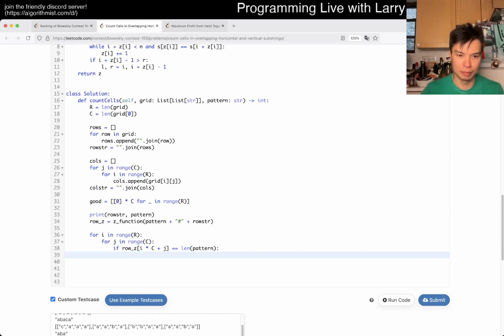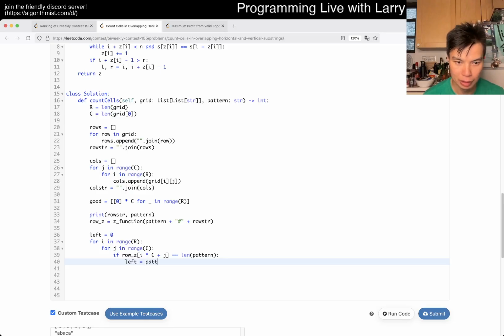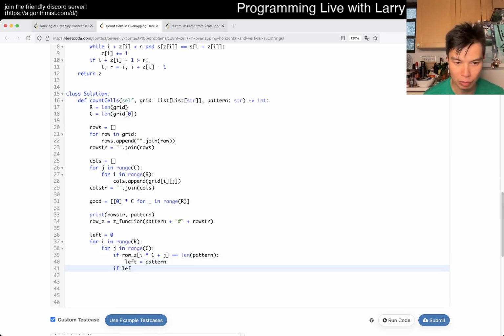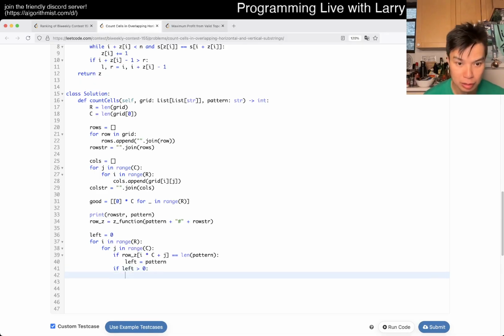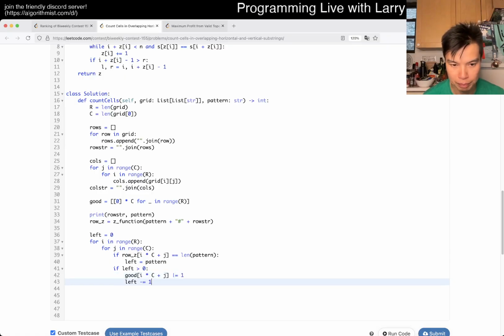Yeah, okay. Now, otherwise, good. Okay. Left is equal to 0. If this is true, then left is equal to pattern. And then if left is greater than 0, then we decrement, but also we set good of c plus j is equal to 1, right?